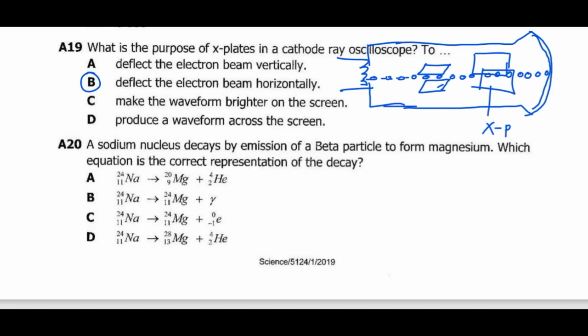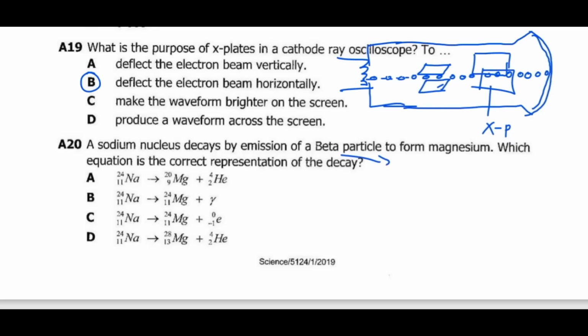Then question 20. A sodium nucleus decays by emission of a beta particle to form magnesium. Which equation is the correct representation of the decay? First you need to have an answer in your brain before you look at the multiple choices. Since we are not given the mass number, let's look at the multiple choices to guide us.